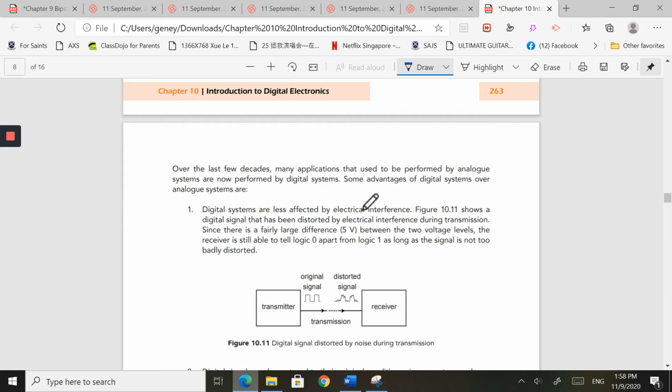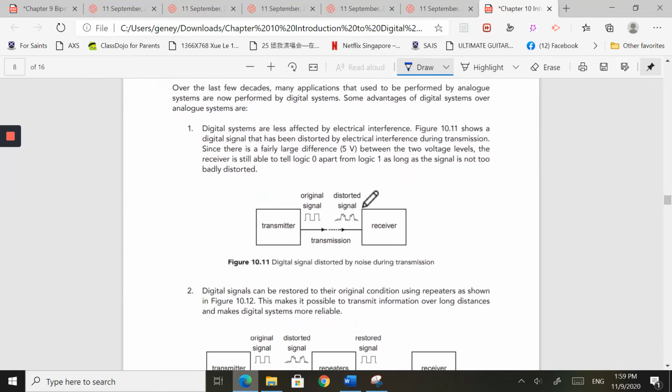I can vary my pitch, my tone, my volume. So that's an analog signal. Light doesn't go from dark to light at once. There's a whole range of light values. So that's why we still need analog to digital converters and vice versa.